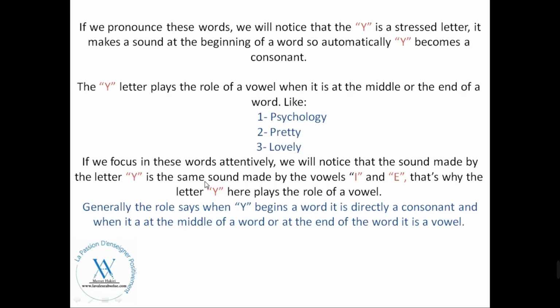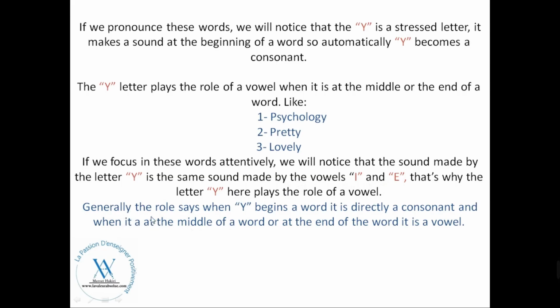So if you focus on these words attentively, we will notice that the sound made by the letter Y is the same sound made by the vowels I and E. That's why the letter Y here plays the role of a vowel. And here I gave you a general conclusion just for you to understand it briefly.